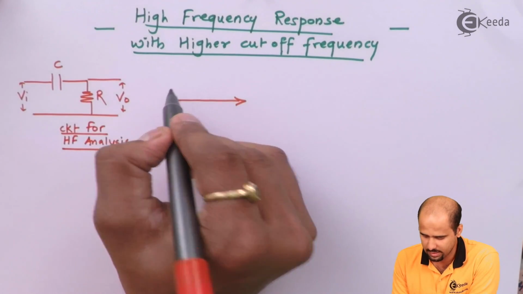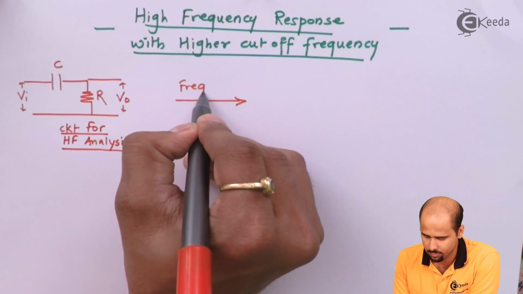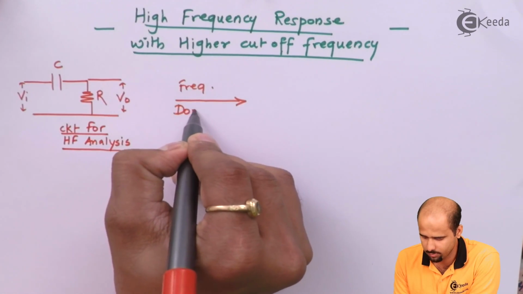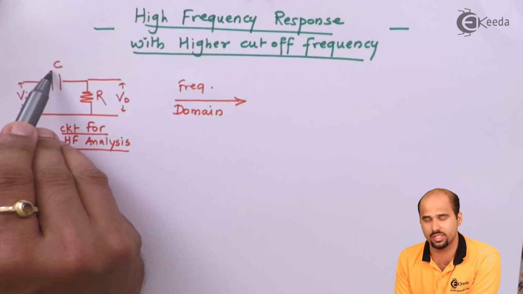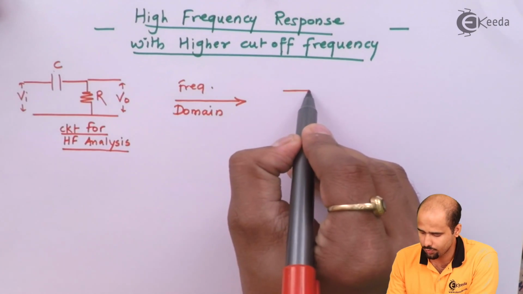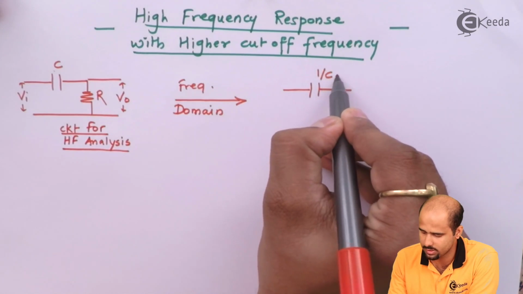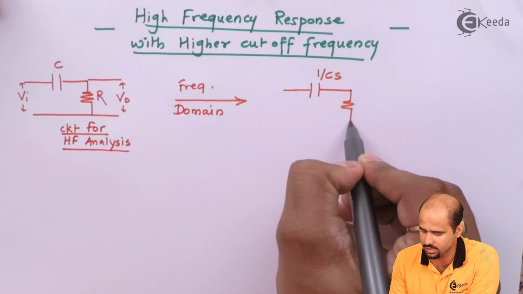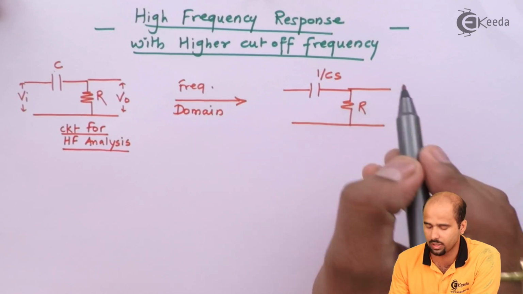After applying the frequency domain, we will represent this C as 1 upon Cs, with the Laplace term. This resistance will be as it is because it is independent of frequency.